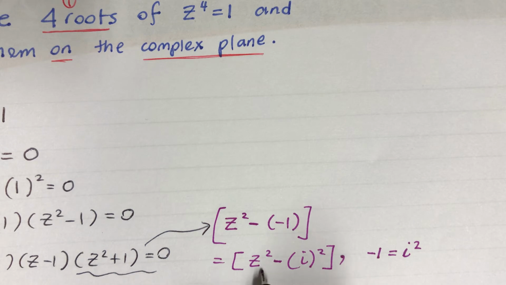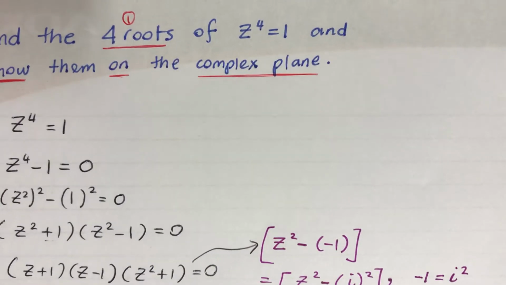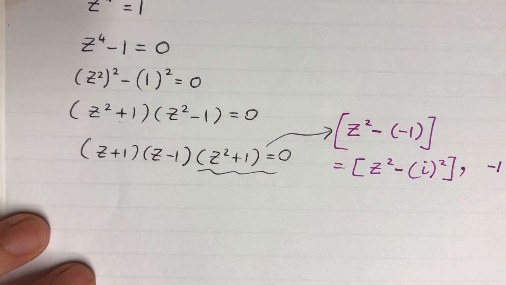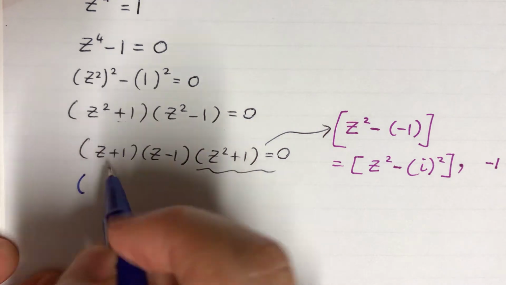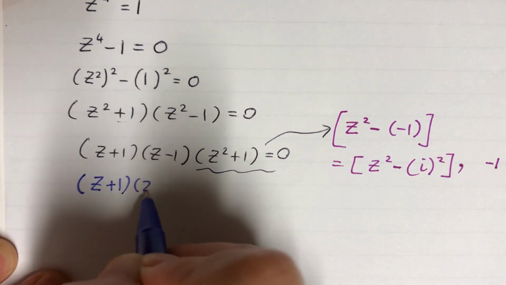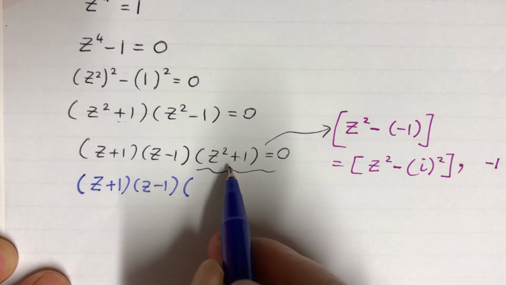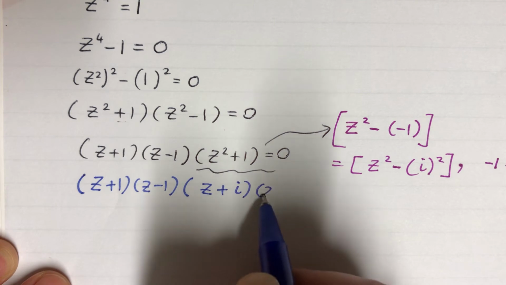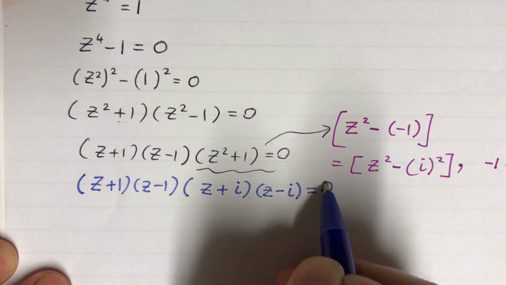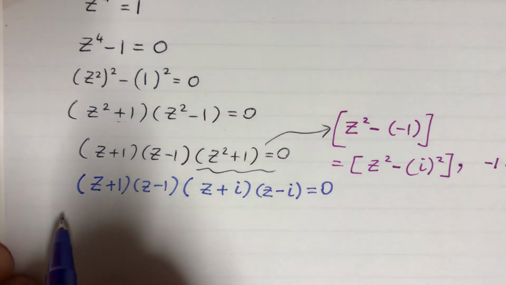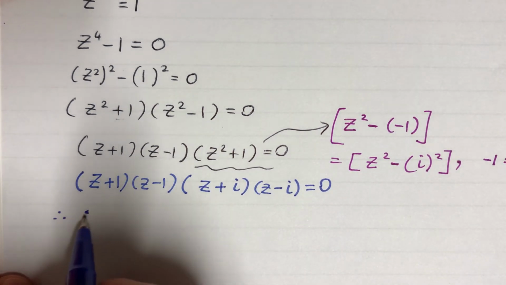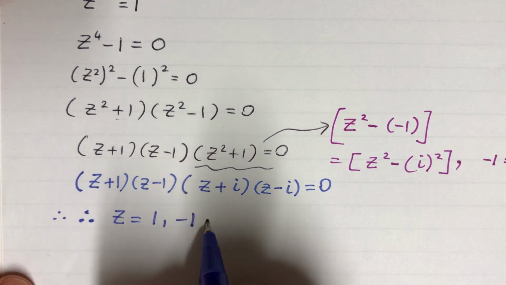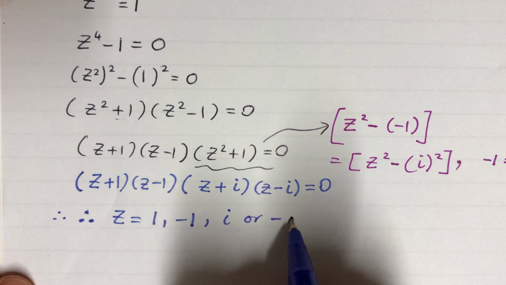So that's why I put that in there. So now I've got z plus 1, z minus 1. Now I'm changing into z plus i, z minus i equals 0. Therefore my roots are 1, minus 1, i, or minus i.